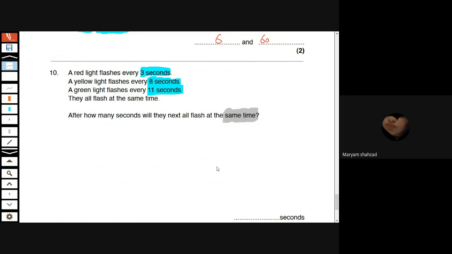Sir, I got the answer to it. It's 264. 264 as well. All right, one of them send the picture.